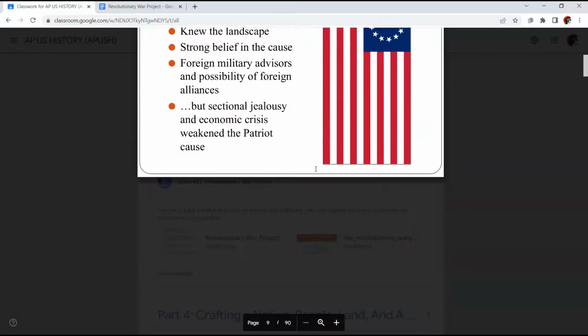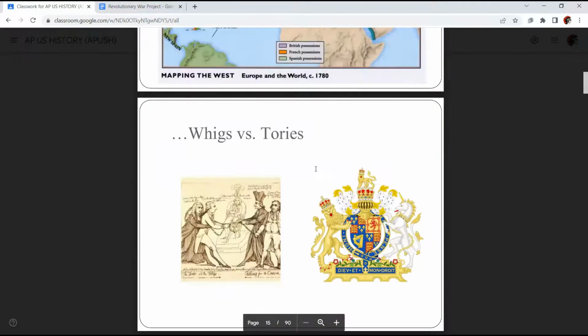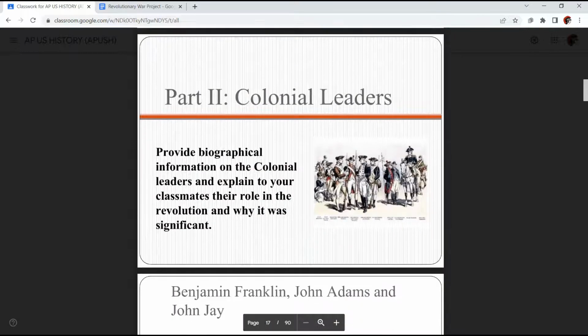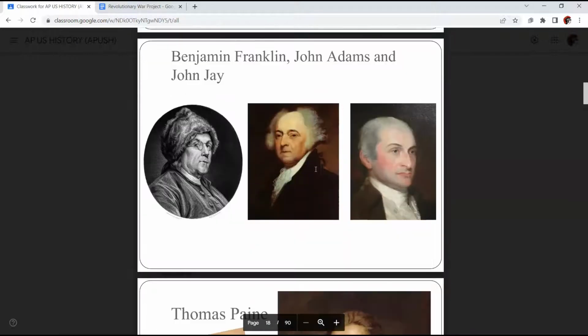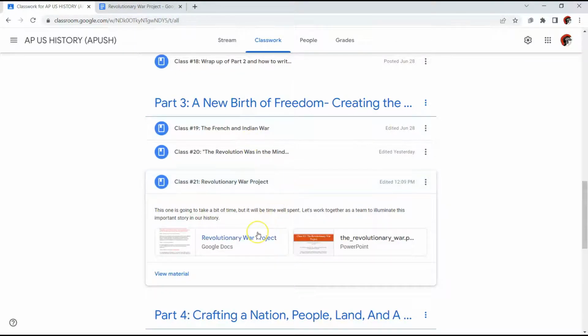Okay, part 2, here's the colonial leaders. So you're going to be using this PowerPoint as the breakdown for the details. So if you were absent, text me, email me, let me know what group or what topic you want to work on, and we will research, we'll create a presentation, we will present, and then we'll tie it all together.